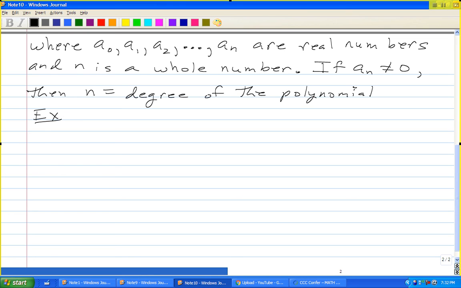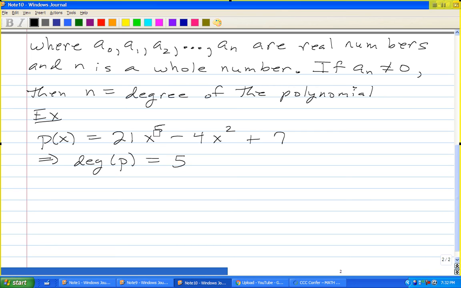Let's say the polynomial is 21x to the fifth minus 4x squared plus 7. Then the degree of my polynomial is just the highest power here, which in this case is 5. So it's the highest power.